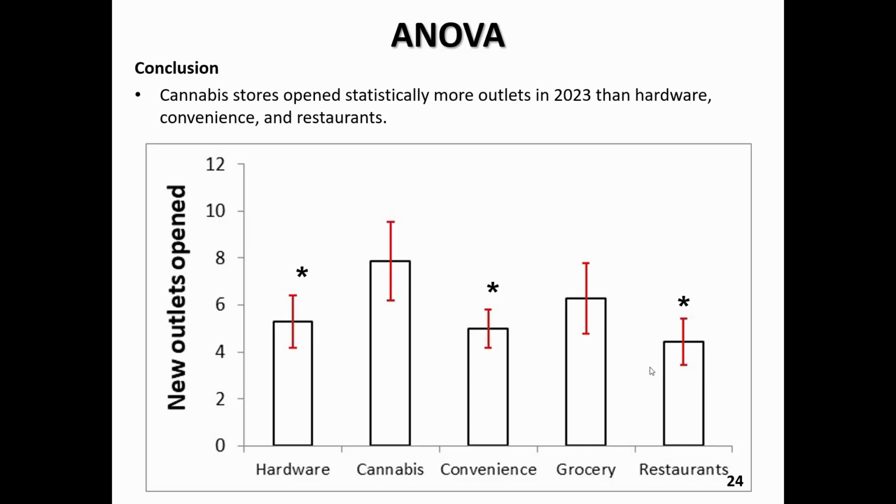And we can make that conclusion accepting the fact that we could be making a type 1 error, but that risk of committing a type 1 error is at most 5%. So this ends our final video on the ANOVA procedure.